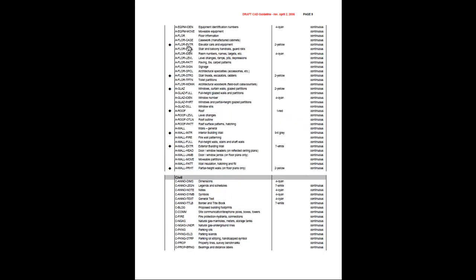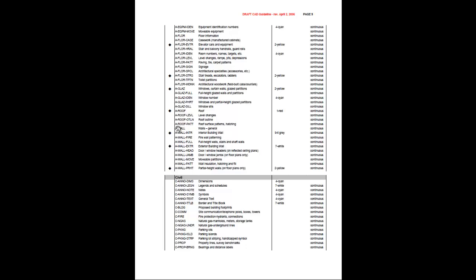There's one for elevators, stairs, glazing, windows, walls, partitions, a roof level, a wall interior, a wall exterior, full height walls, firewall patterning. This is just the patterning that goes on interior walls that might be a firewall.